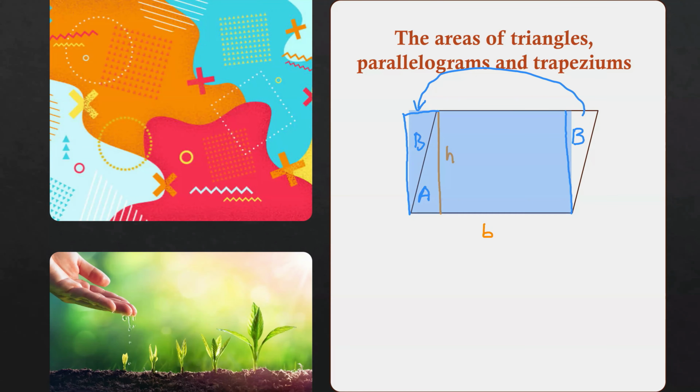There we are. The area in blue, the rectangle shape, is the same as the area of the parallelogram. For that reason, I can just do the height times the base, and that will give me the area. So the area of a parallelogram is simply the height times the base.